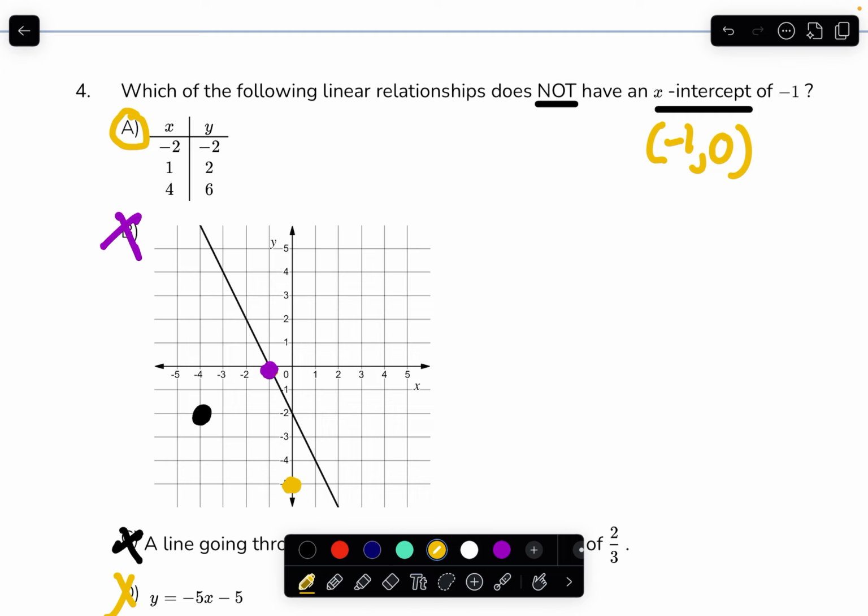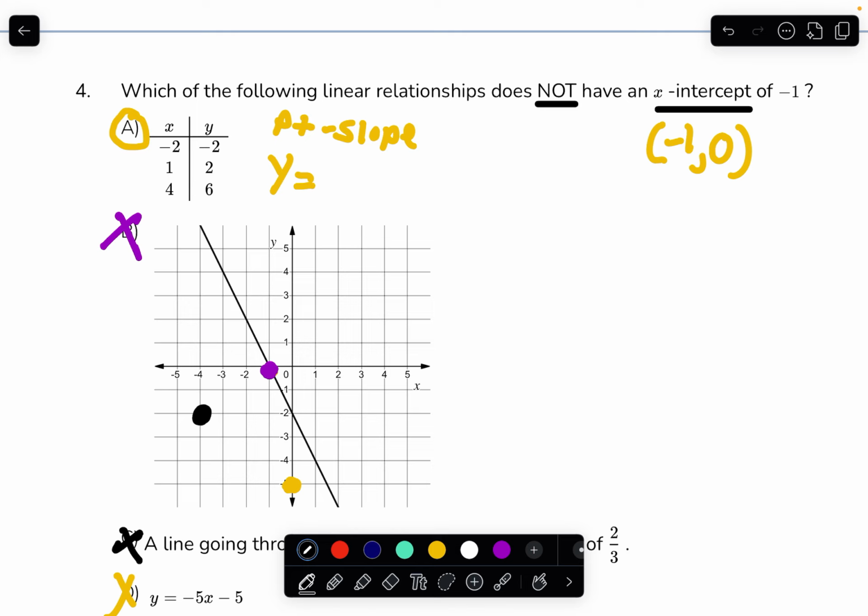Now let me show you how you could have done it. This is where I got hung up, because I was thinking the line had to contain the point (-1, 0) for some strange reason. So I'm going to use the point-slope form. You're going to be given an equation sheet that contains point-slope form, y equals m. We have to figure out the slope from the table.